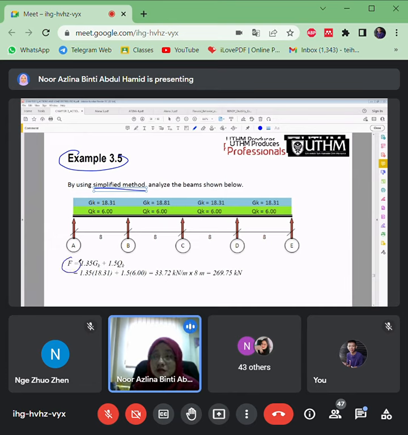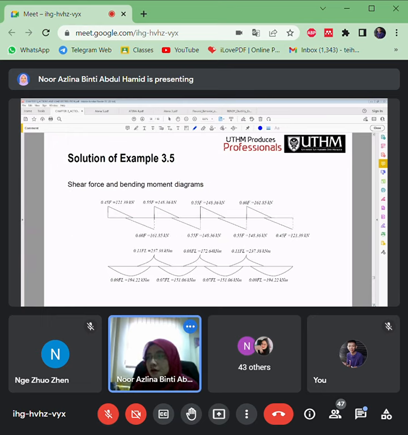So you just calculate the F value, which is the maximum ultimate load, and then for L you need to multiply by the span length. If this length is different, for example 9, that means F will be different for this point here. So just follow the tables in order to plot.